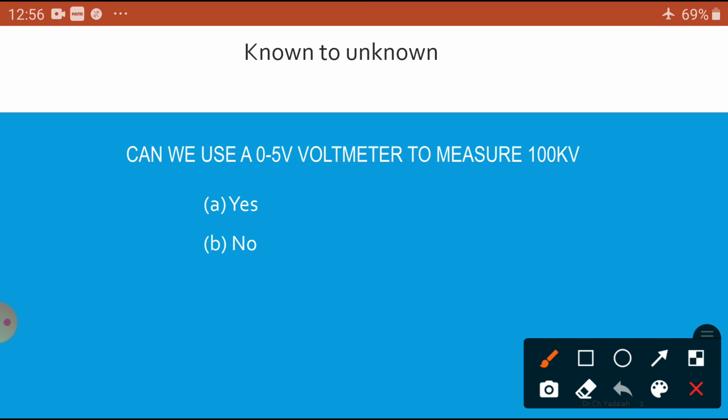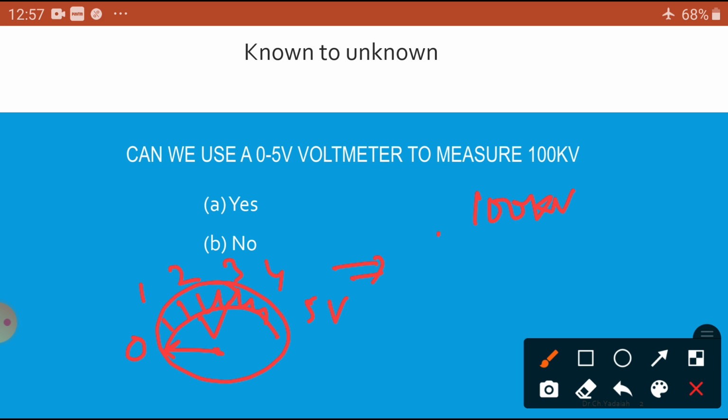Here I have the small voltmeter. The range is from this to this one: 0, 1, 2, 3, 4, 5 volts. Okay, 5 volts. Now, can I use it up to a maximum of 5 volts? Can I use it for a voltage of 100 kV?